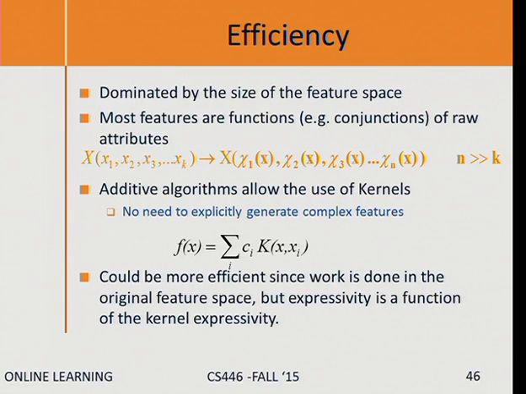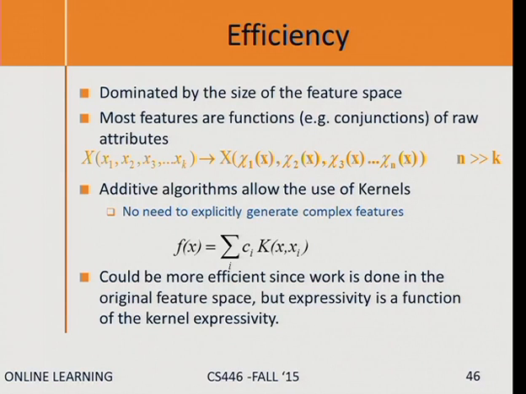So the scenario we always imagine is that there is an instance space of k features, x1 to xk, but this may not be the real feature space we're going to work in, because in order to allow ourselves to learn with linear functions, we're going to increase dimensionality.